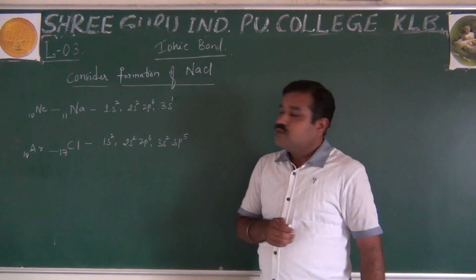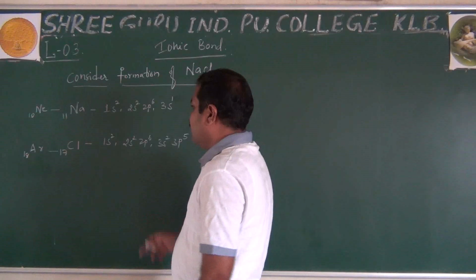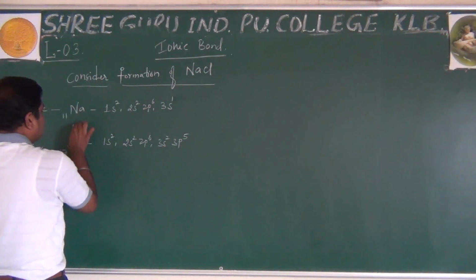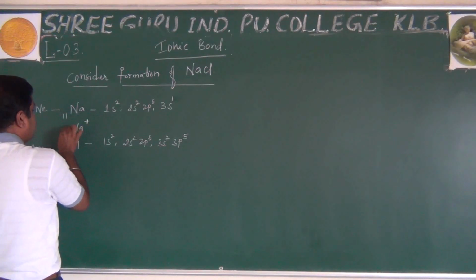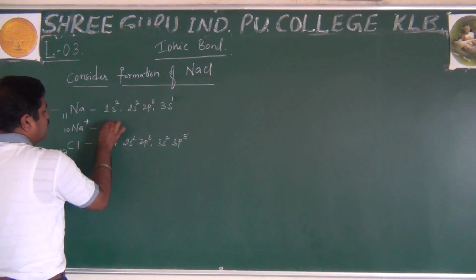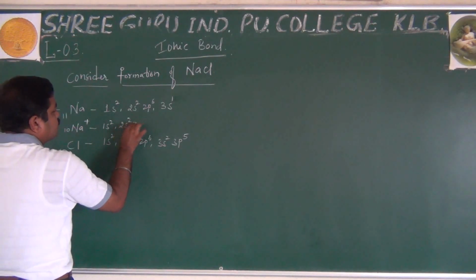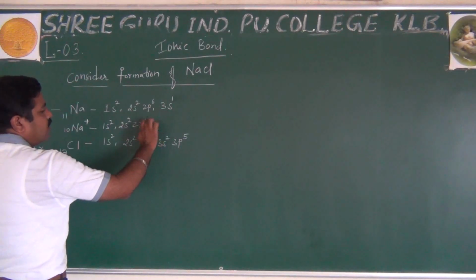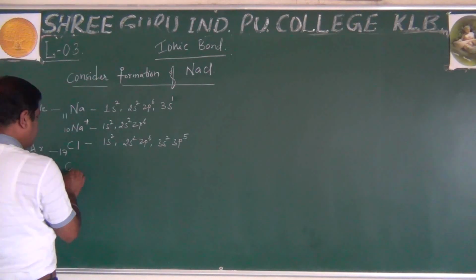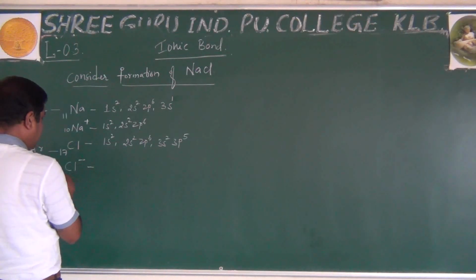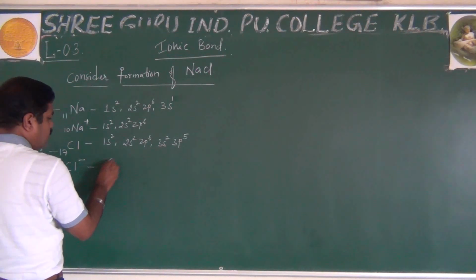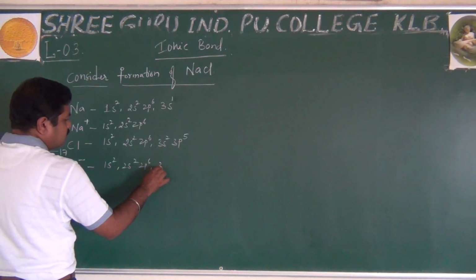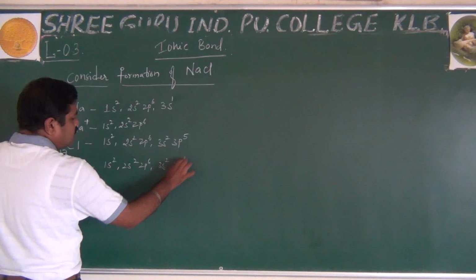So see here, after losing an electron sodium gets a positive charge, with 10 electrons: 1s2, 2s2, 2p6. That electron is gained by chlorine, giving Cl minus, with 18 electrons: 1s2, 2s2, 2p6, 3s2, 3p6.